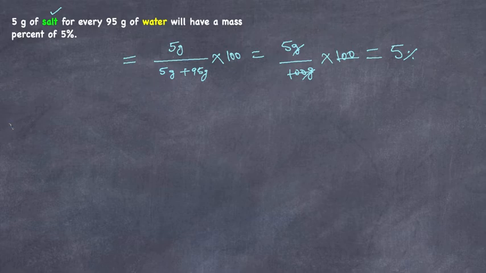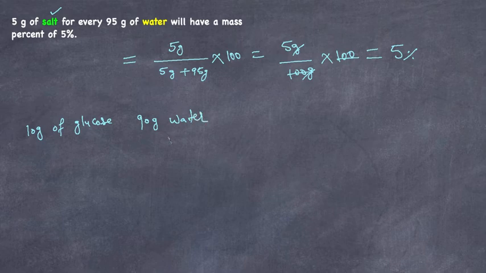Let's do another simple example. Let's say we have a 10% glucose in water. That means there is 10 gram of glucose, and we have 90 gram water. And if we'd like to calculate the mass percent of the glucose in this solution, then it is going to be the mass of the component, which is 10 gram, divided by total mass of the solution, which is 10 plus 90.